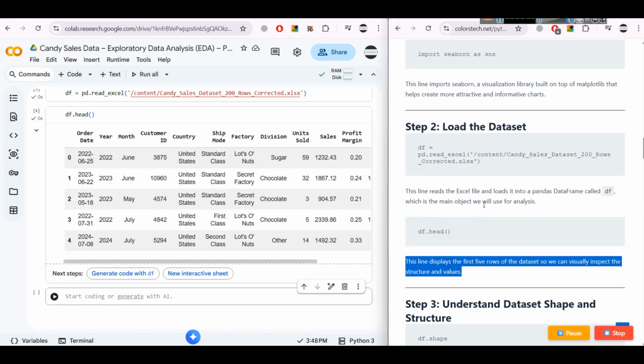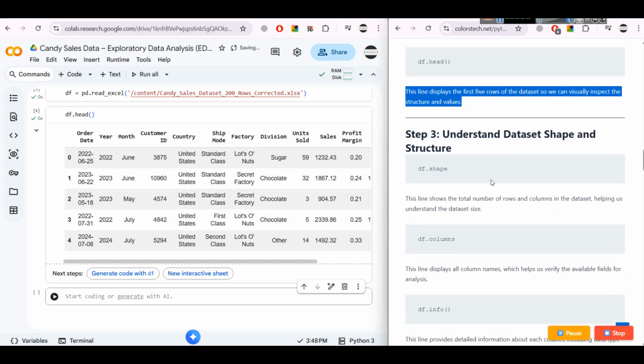This line displays the first 5 rows of the dataset so we can visually inspect the structure and values.